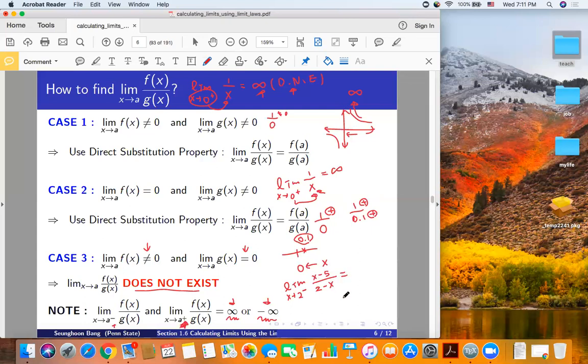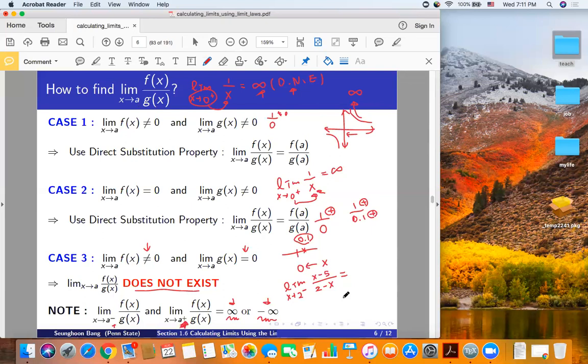What do you think? Do you have any idea for solving this problem? Negative infinity? You're right, undefined.